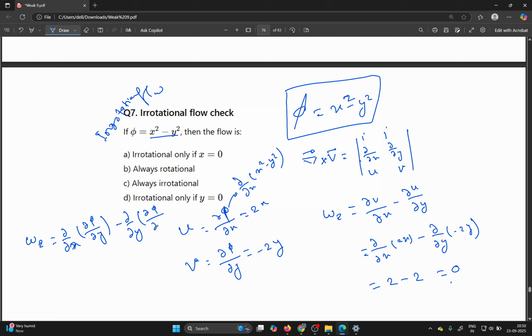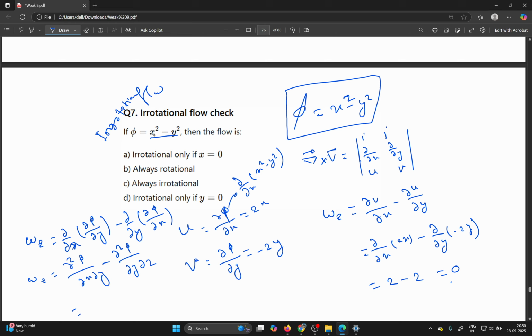Del phi by del x. So finally wz will come in terms of your potential function, del square phi by del x del y minus del square phi by del y del x. So from here you can also do.